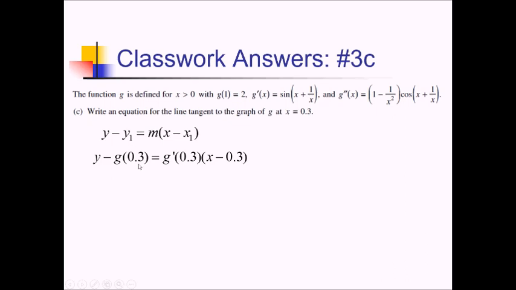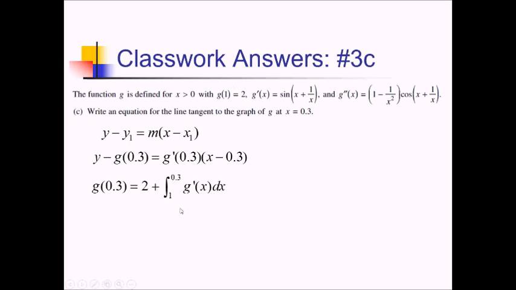So for g of 0.3, I know that g of 1 is 2. And I have the rate of change of g. So I can actually use my fundamental theorem to figure out g of any value I want using these two facts. So I can say g of 0.3 is going to be equal to this value here of 2 plus the integral from 1, which is the value we have here, to 0.3 of g prime of x dx.